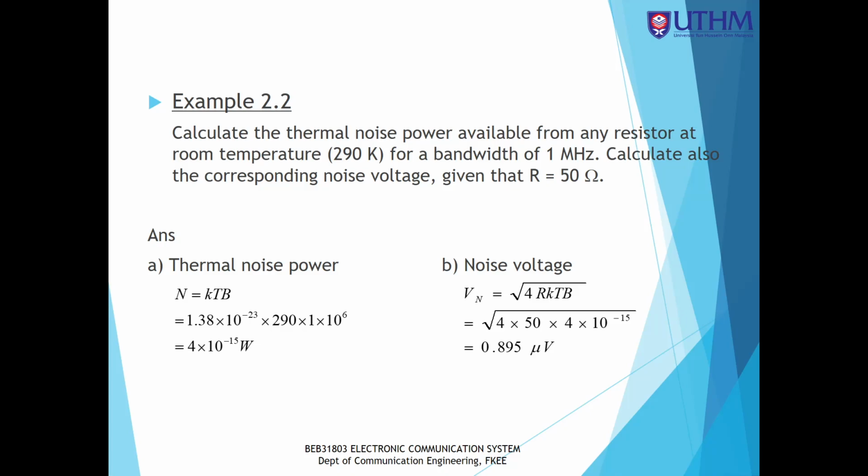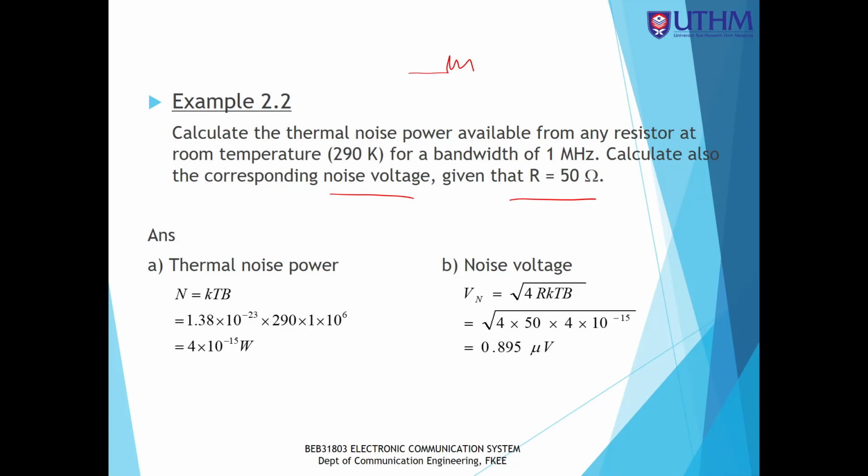Example. Calculate the thermal noise power available from any resistor at room temperature, 290 Kelvin, for a bandwidth of 1 megahertz. Calculate also the corresponding noise voltage given R is 50 ohm. So how much is the thermal noise power?